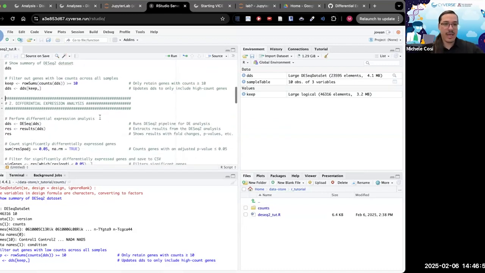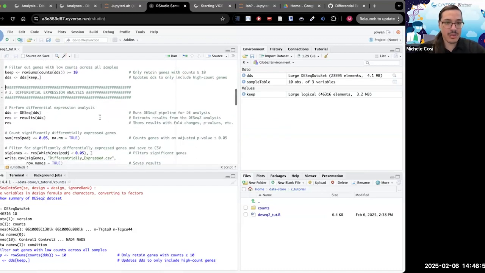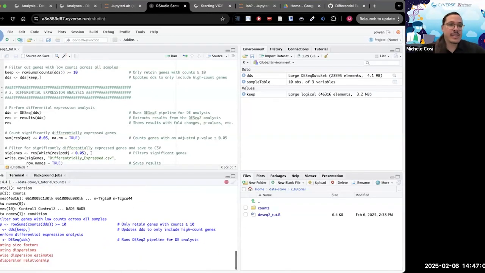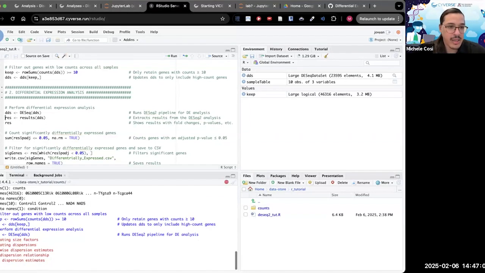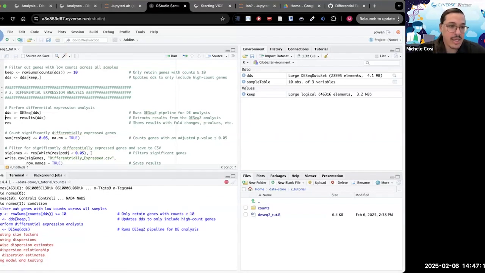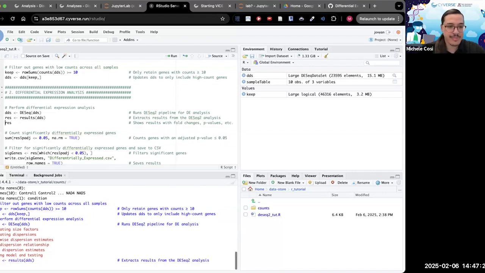So now we can actually go ahead and do differential expression. We're going to run DESeq onto our DDS data frame. And this should take, oh, it's already finished. And then we extract the results from the analysis and put them in res, which can stand for results.